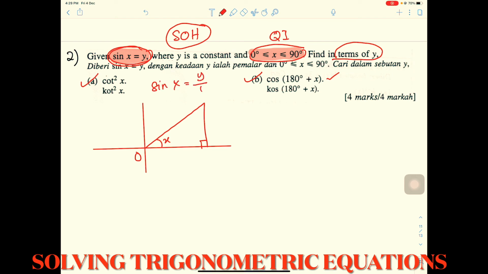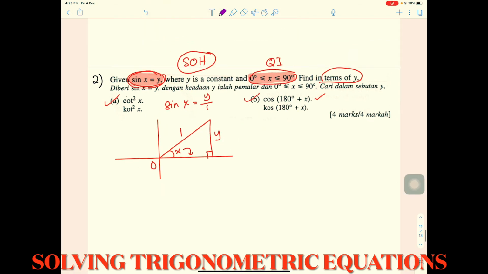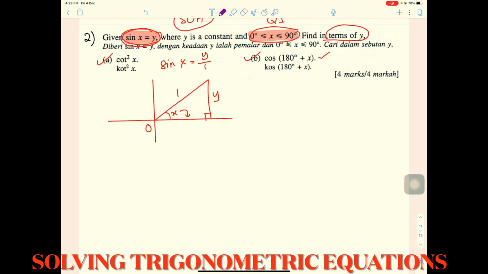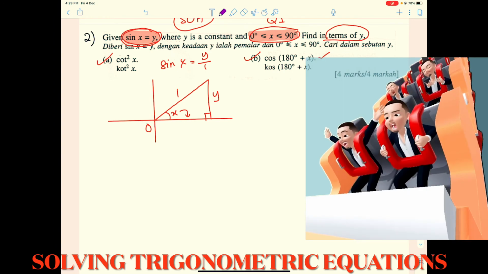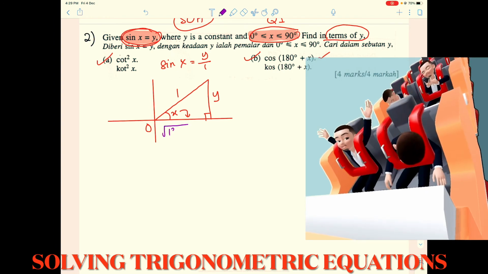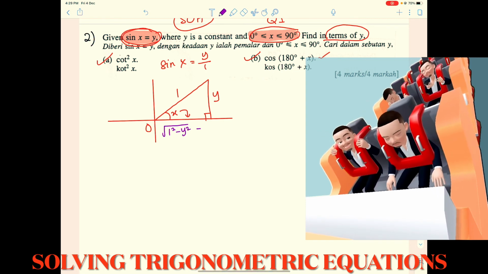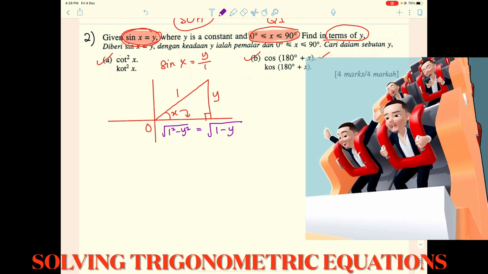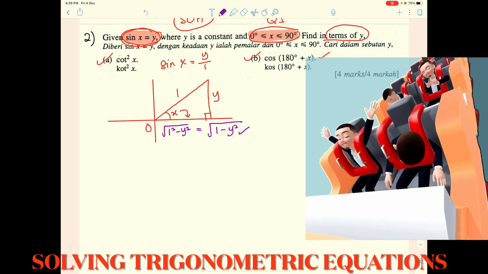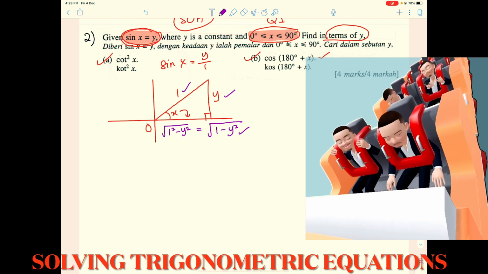So the opposite is y and the hypotenuse is 1. How to find the length of the adjacent? Using the Pythagoras theorem, the adjacent equals the square root of 1 squared minus y squared, which simplifies to the square root of 1 minus y squared.